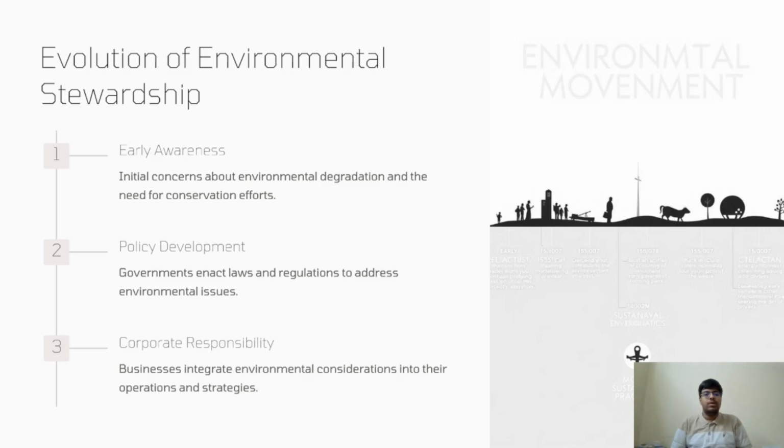Next was policy development, where governments enacted new rules and regulations to address environmental issues all around the globe. Then finally, there was corporate responsibility, where businesses integrated with environmental and welfare societies to take the environmental impact into consideration in their operations and strategies.